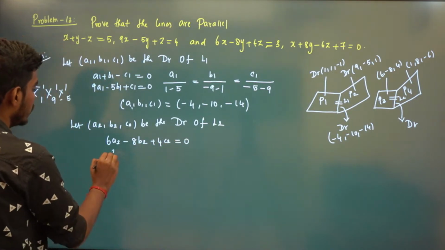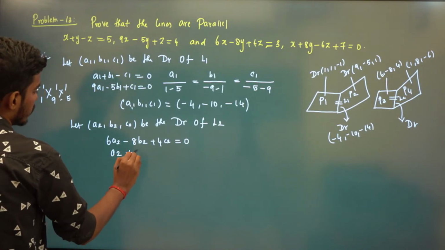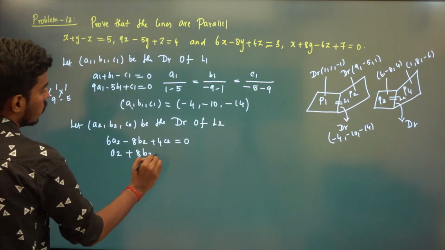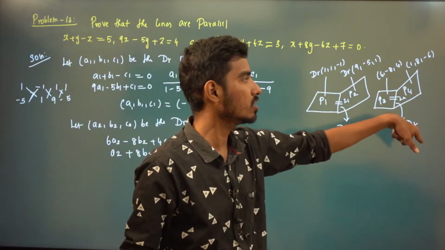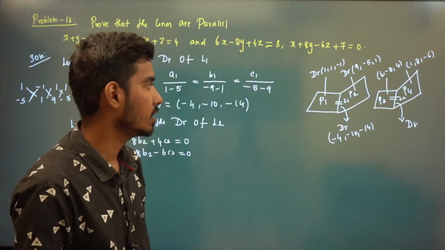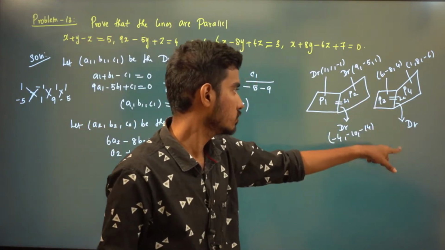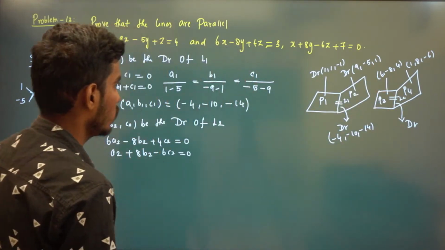Similarly, A2 plus 8B2 minus 6C2 is equal to 0. Right? I'm just applying the condition A1 A2 plus B1 B2 plus C1 C2 is 0. This is A2, B2, C2. So just multiply that. 1, 8, minus 6.